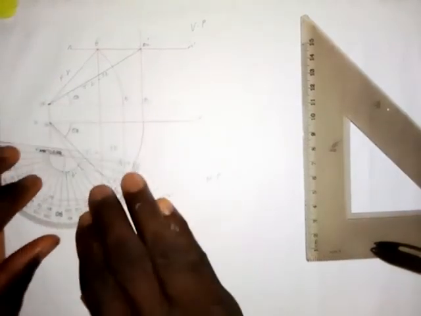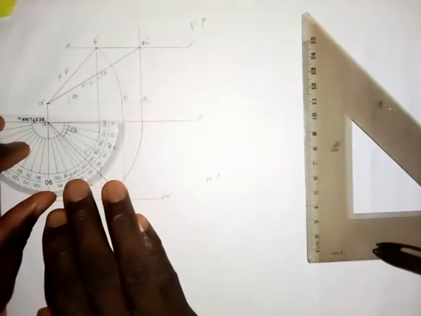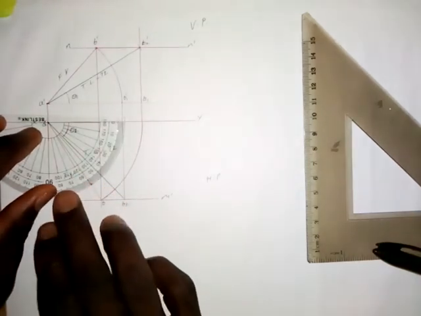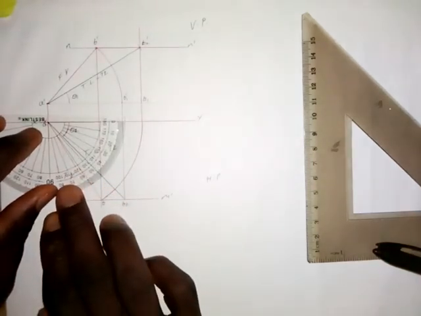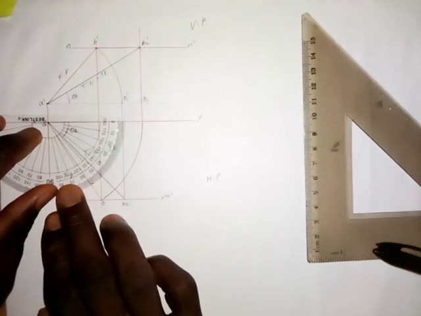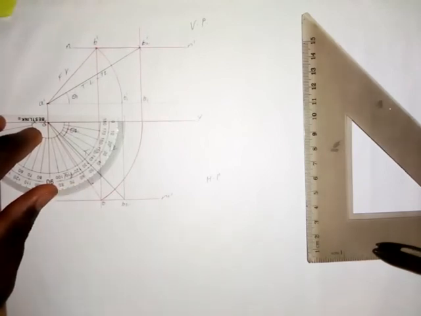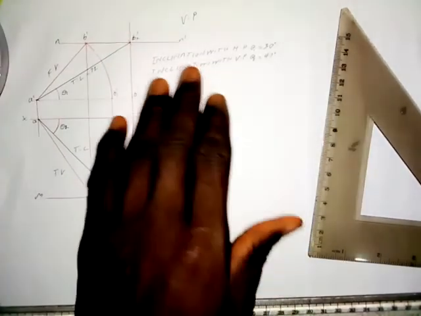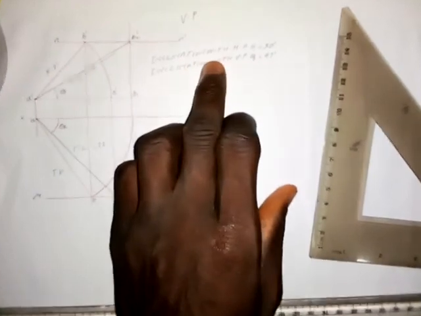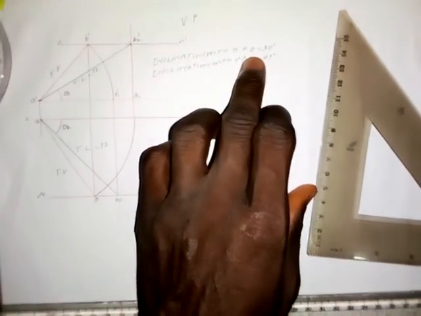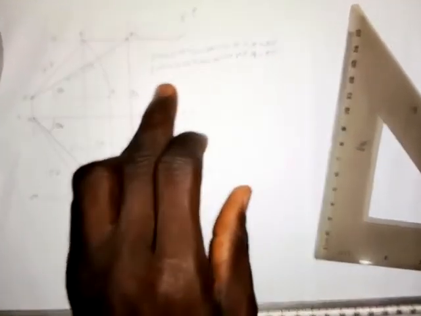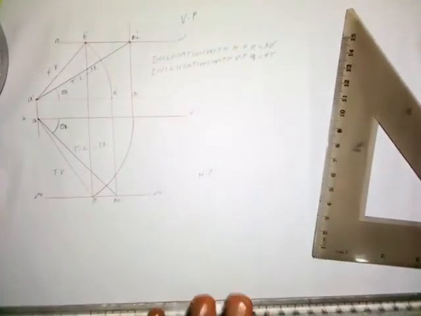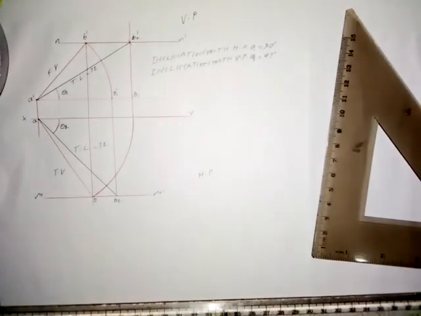Then the angle that the line makes with the vertical plane, which is in the horizontal plane, if I take the measurement, I have 47 degrees. Okay, so this is the solution to the problem. I've written it here: inclination with horizontal plane theta 1 equals 30 degrees, and inclination with the vertical plane theta 2 equals 47 degrees.